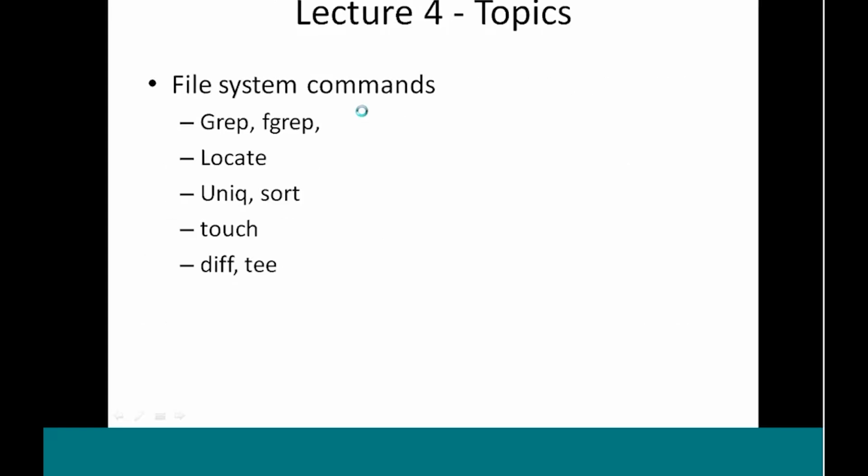So in today's topic, we will be dealing with more in-depth file system commands. We will specifically talk about grep, fgrep, locate, uniq, sort, touch, and find. There are other commands like diff and tail.